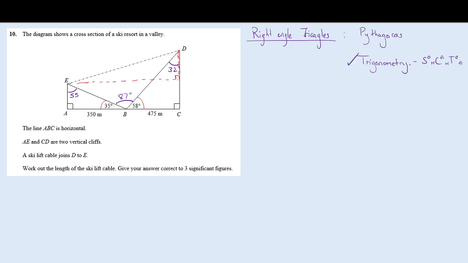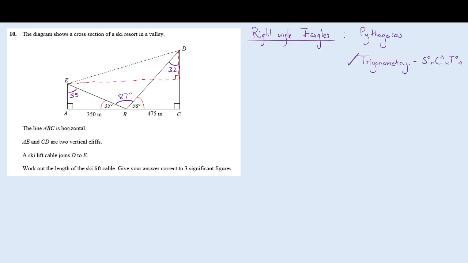Now that might not be so obvious to you, but it's about getting started. If you know that you can use trigonometry in a scenario, then work out some sides. The mark schemes are normally generous enough that if there are two avenues of doing a question, you will get marks for completing part of that process.